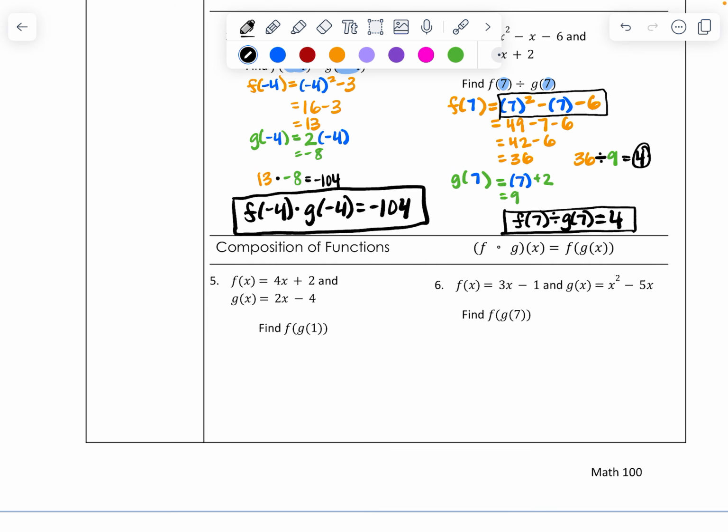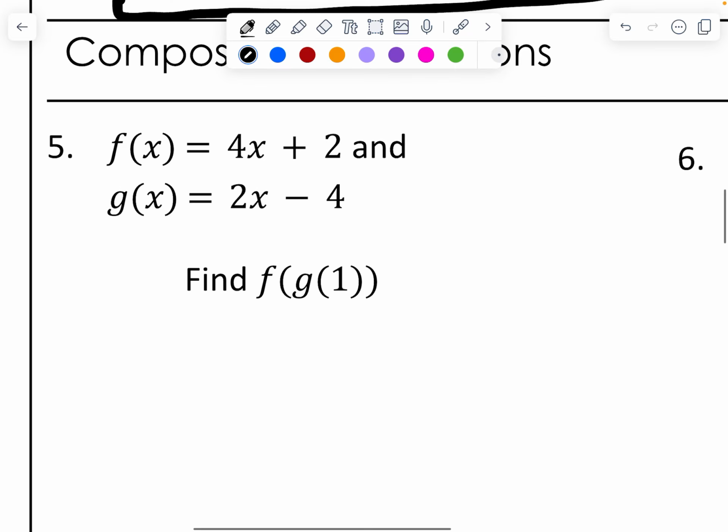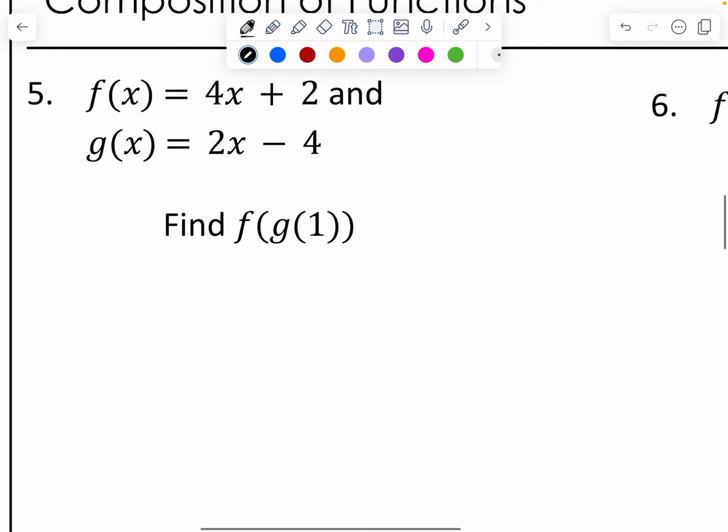So the last thing I'll show you is composition of functions. So we are putting the input into one of the functions, and then your output becomes the input of the other function. So this says find f of g of 1.